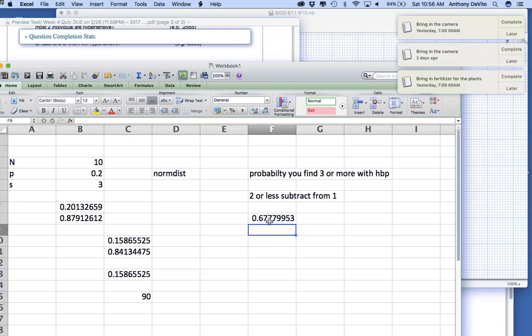So that's 68%. So now the probability of getting 3 or more, either way you phrase it, is going to be equal to 1 minus 2 or less, right? Pretty tricky, right?